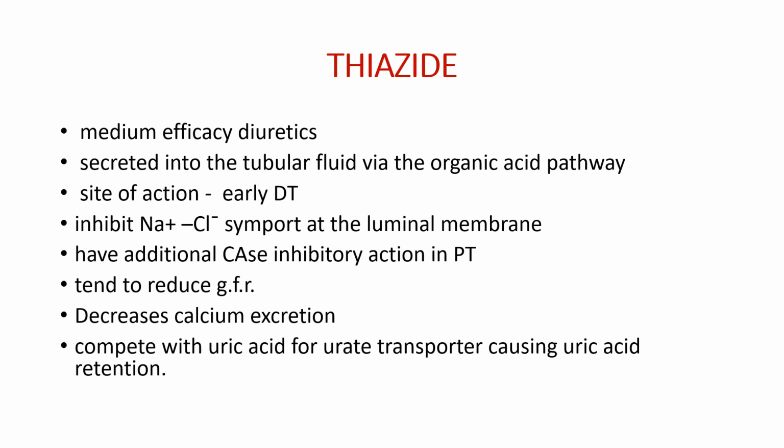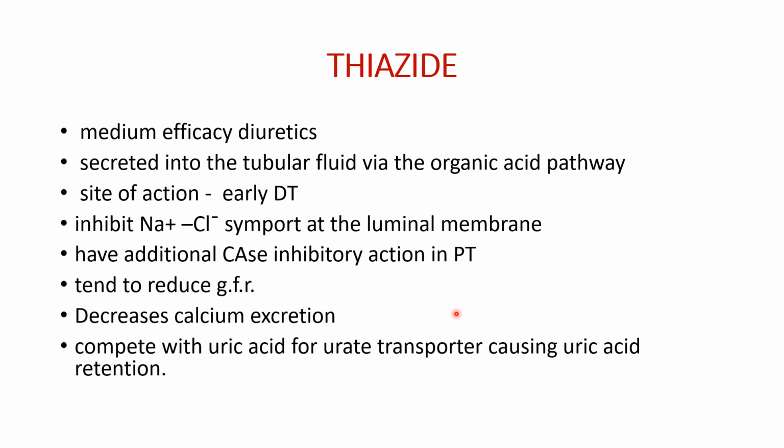So these are medium efficacy diuretics, and they are secreted into tubular fluid via the organic acid pathway, just like the loop diuretics. The site of action is the early distal tubule, and it inhibits the sodium chloride symport at the luminal membrane. It has additional carbonic anhydrase activity also like loop diuretics, and it reduces GFR, and hence it is not used in renal failure.